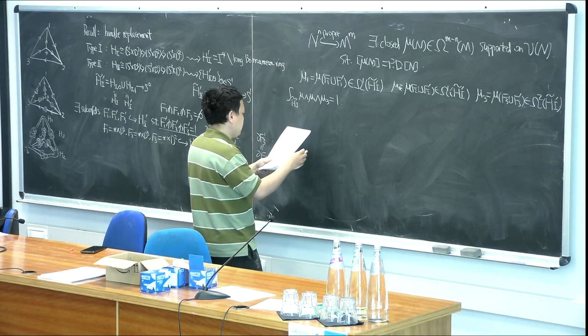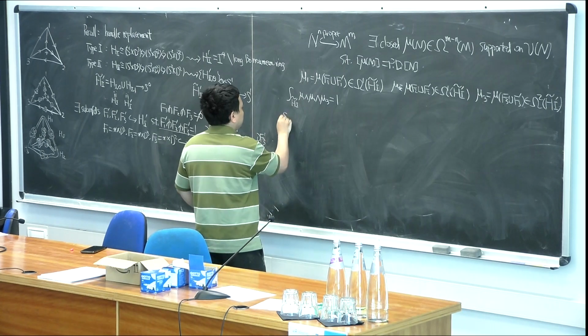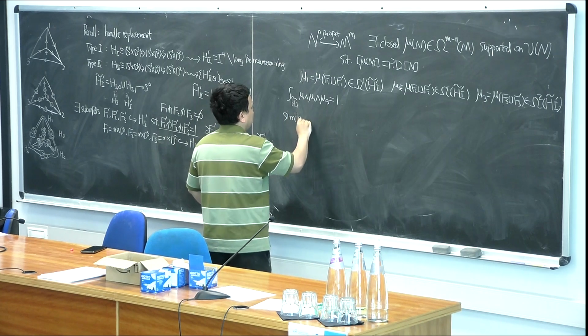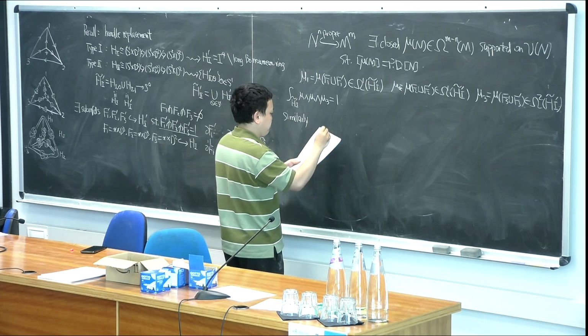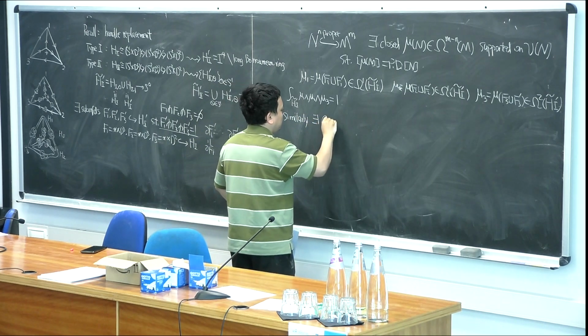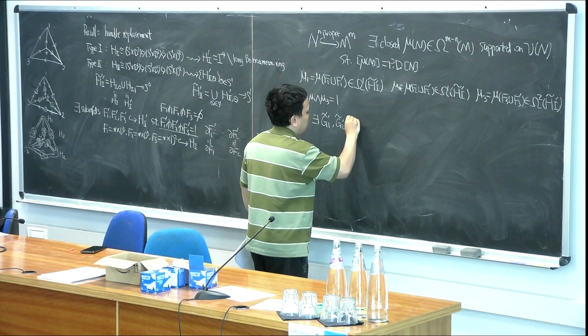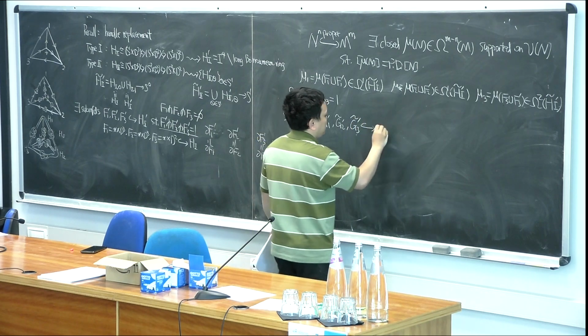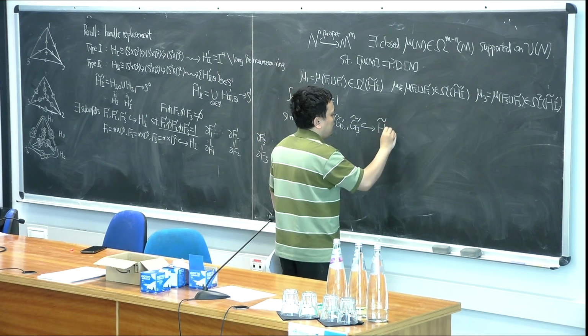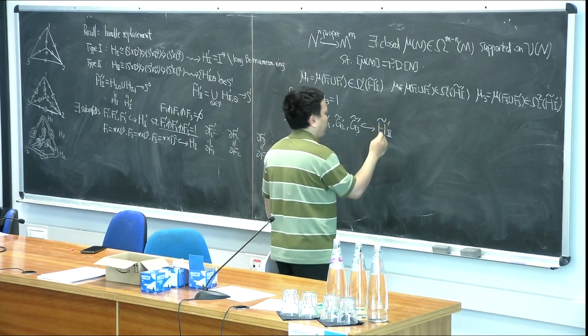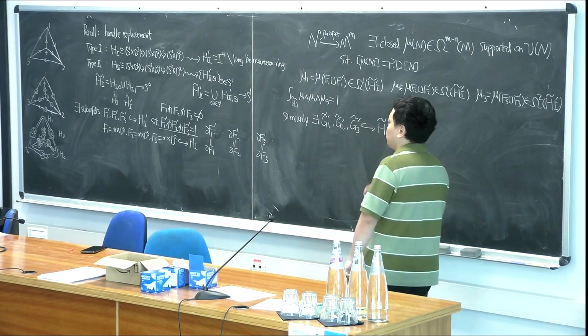And similarly, we have embedded submanifolds G1 prime, G2 prime, G3 prime embedded into this family H2, right?